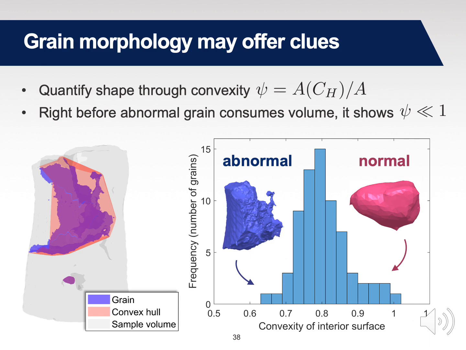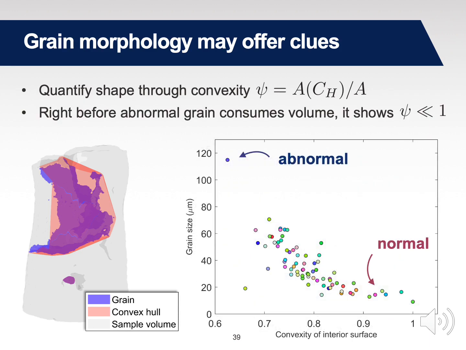This is correlated also to the grain size, which is to be expected because the abnormal grain, which eventually takes over the structure, is the one to have also the lowest convexity value. You do see this other outlier here, but this particular grain shares a boundary with the abnormal grain, and so that's why it has such a low convexity value. So you see this very nice correlation as far as shape and size are concerned.